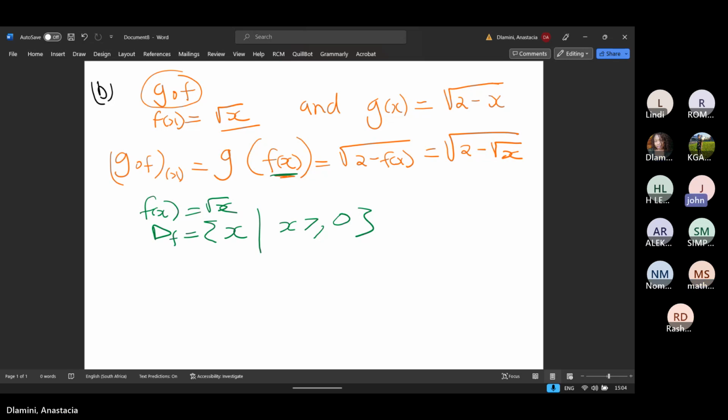What if I said the domain of the expression is 4 greater than or equal to x? Yeah, the domain of the expression.